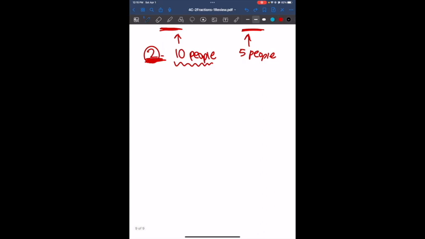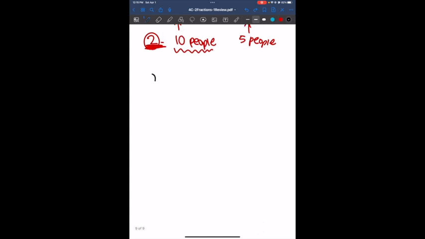But what happens if it's the opposite? What happens when the numerator, the number at the top, is the same, but the denominator is different? Well, let's say that B is greater than D. Now in this case, the fraction with the smaller denominator is going to be larger.